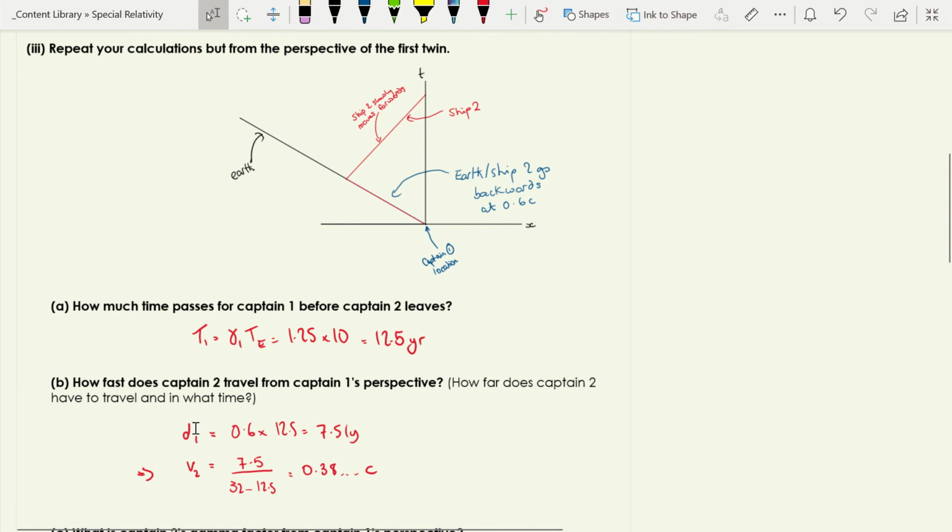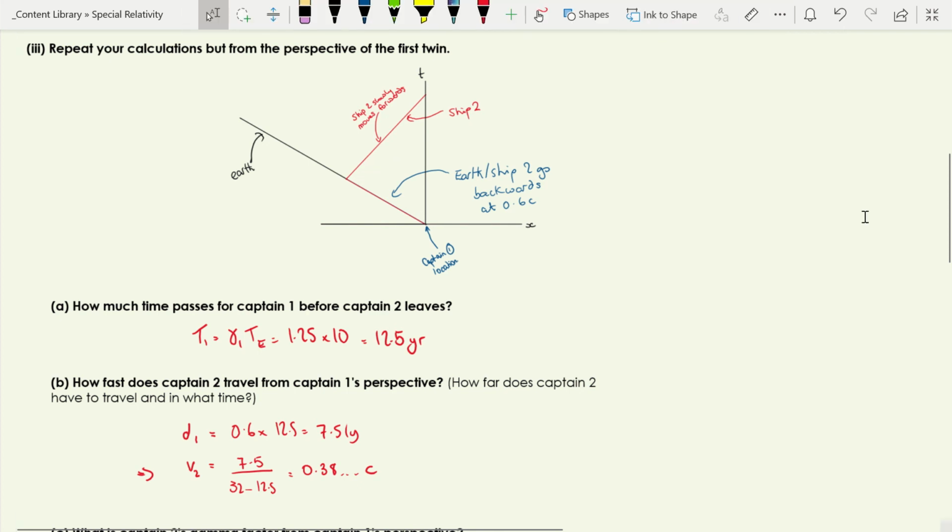So you can see, from Captain 1's perspective, the distance Captain 2 needs to catch up, or come towards him, is going to be 60% of the speed of light times 12.5, because that's the time from their perspective. So it's 7.5 light years. So if I miss out the c in here, that makes the distance in light years. So Captain 2 needs to essentially bridge this gap of 7.5 light years.